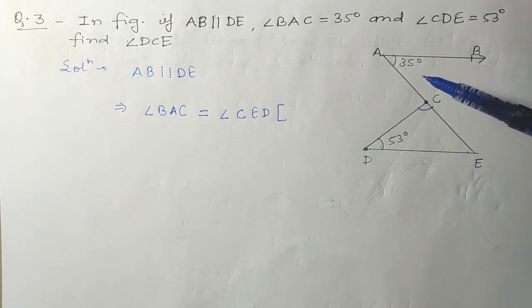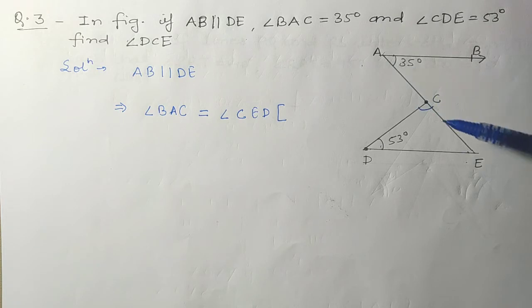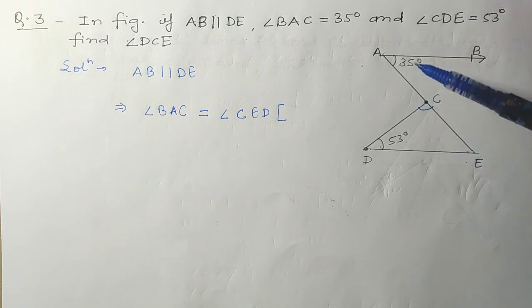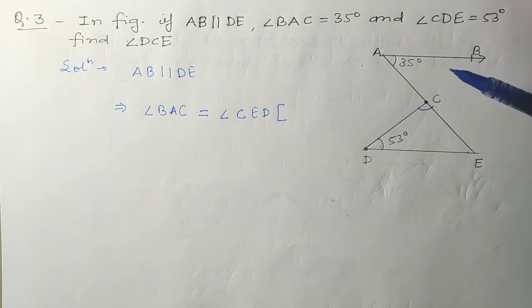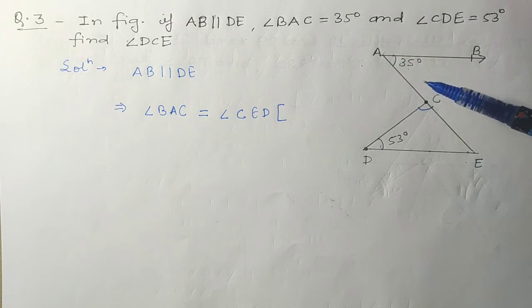The reason is alternate interior angles. See, AB and DE are parallel, and AE you can assume as its transversal. If these two lines are parallel and AE is the transversal, then this angle will be equal to this angle.